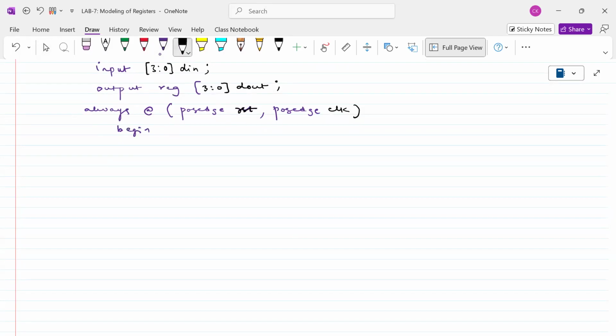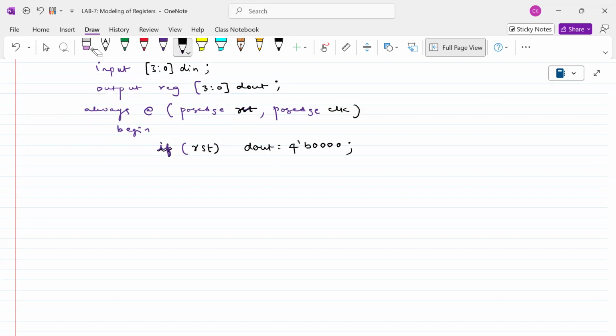What do we need to write? If reset is true, what about Q? 4 bit of, okay, not Q, DOut, right? DOut is equal to 4 bits of all zeros.